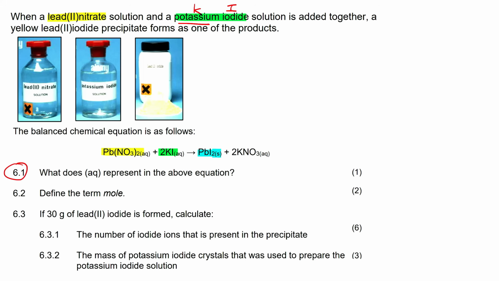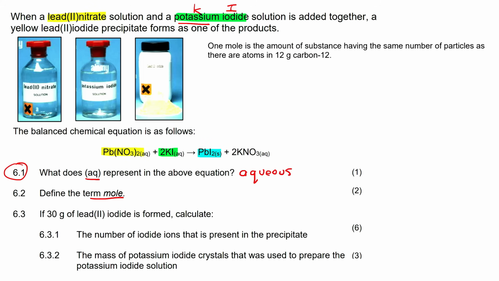The first question says, what does AQ represent? Well, AQ represents aqueous. I always struggle with the spelling of that. It's something like that. Define the term mole. Okay, I personally don't like the definition of mole because it's really weird to understand. So I'm not even going to go into the details of it, but this is the definition.